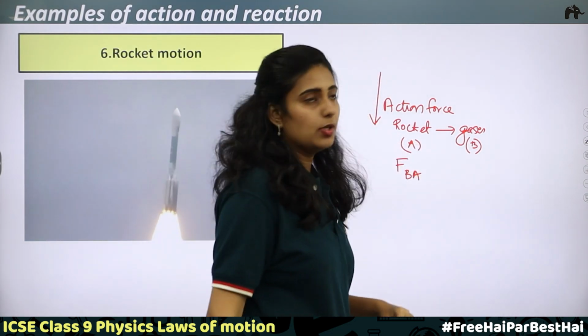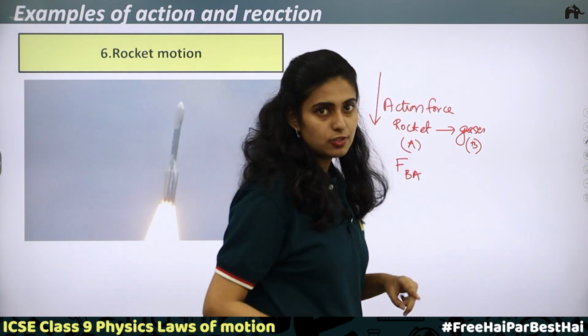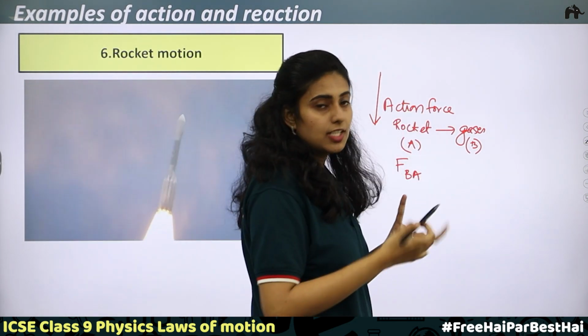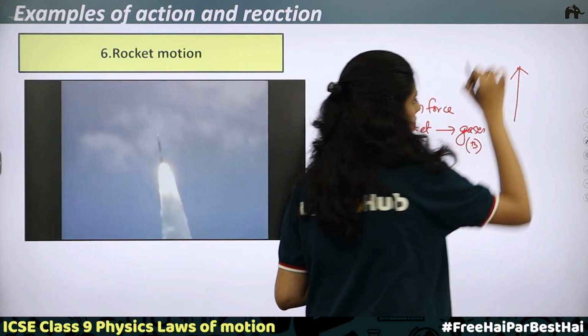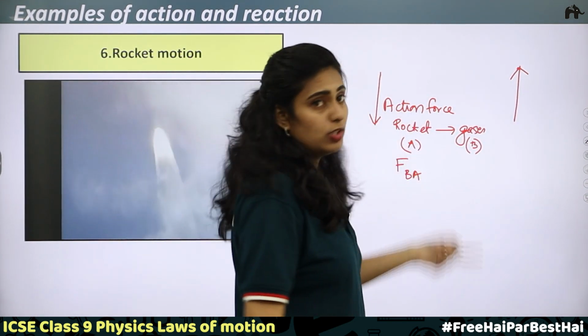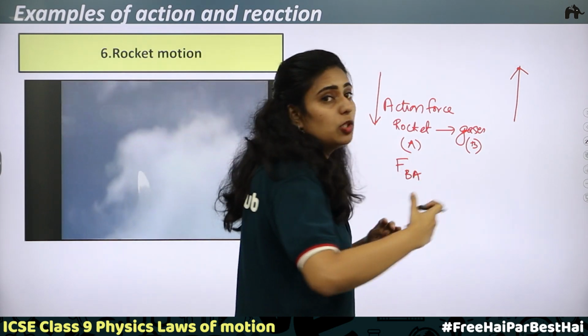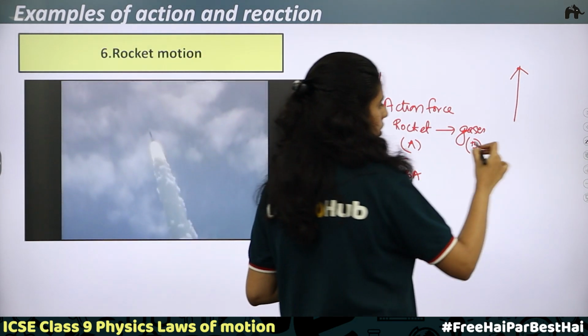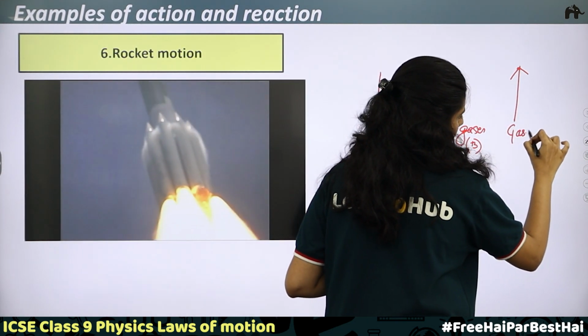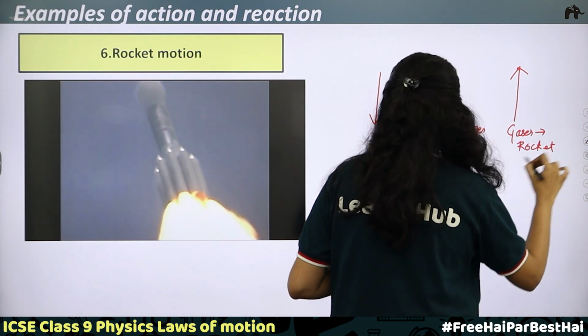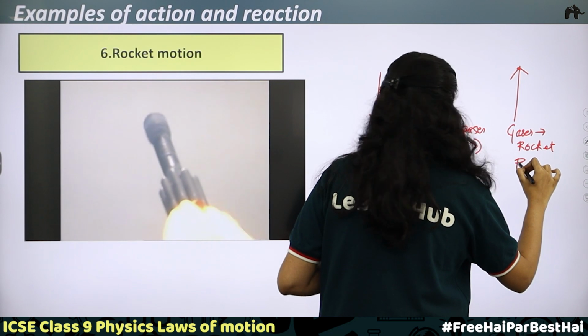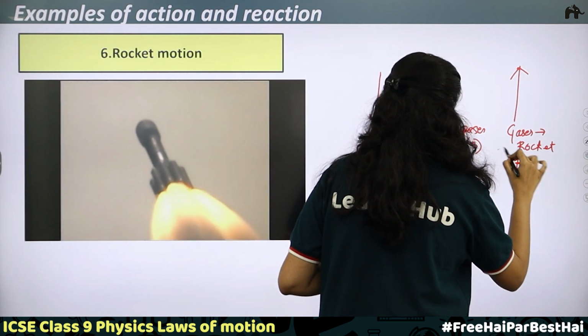So FBA. Now due to this action force, there is a reaction force in the opposite direction. That is, the gases will be applying a force on the rocket in the opposite direction, that is upward direction, and the rocket will be able to move in the upward direction. This is the force the gases apply on the rocket, which can be represented as FAB.